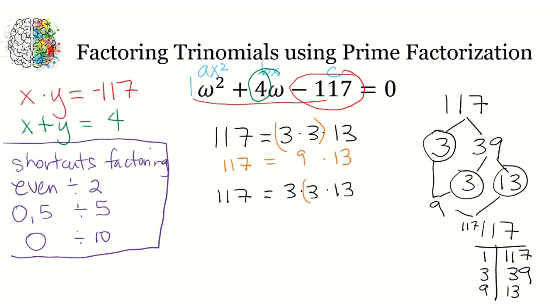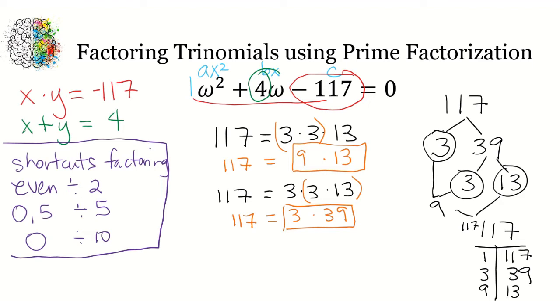They were grouped like this to give me 3 and 39. So this is one pair of factors, and this is another pair of factors. And you can move these prime numbers around in any order, and then when you multiply them together you get two sets of factors.